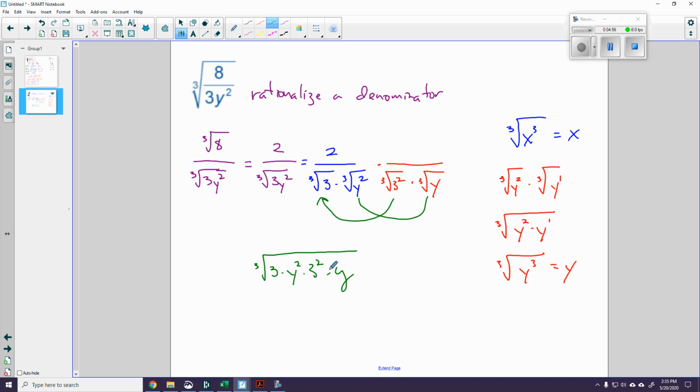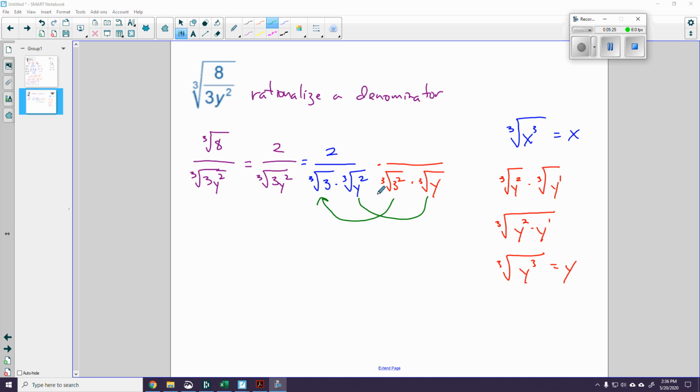And I can reorder these any way I want. Because it's multiplication, that would be the same as the cube root of 3 times 3 squared times y squared times y. And then you can see that it's the cube root of 3 cubed y cubed, which is going to give us 3y. We'll get to that in just a minute.